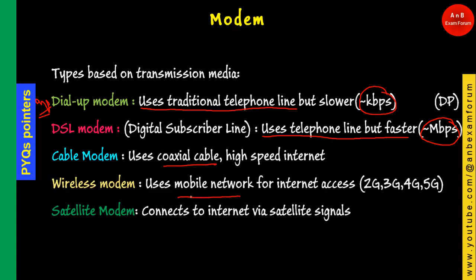So whatever mobile network like 2G, 3G, 4G, 5G you have, it is going to use that network for internet access. Satellite modem is one of its kind, used to connect to the internet via satellite signal. It communicates with other devices using satellite links. These are not commonly asked in the exam, but still you should know the different types of modem.